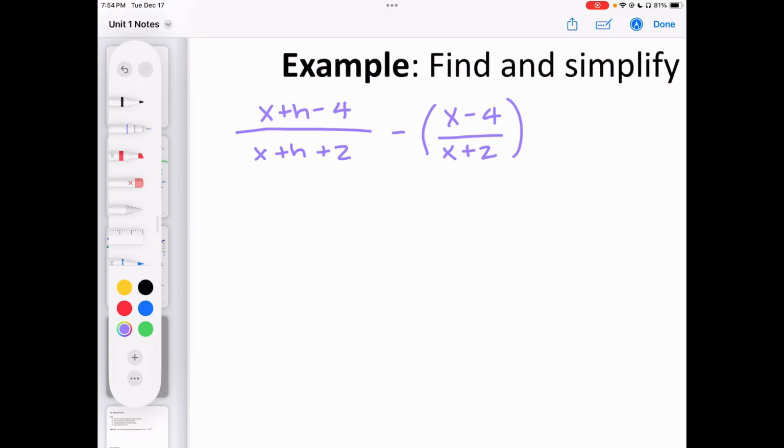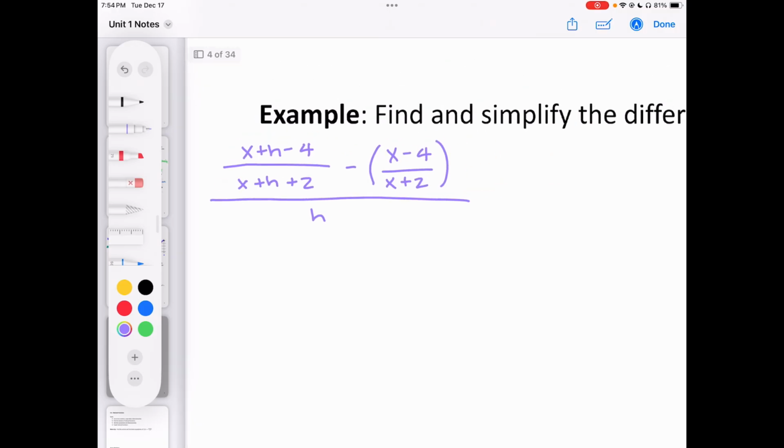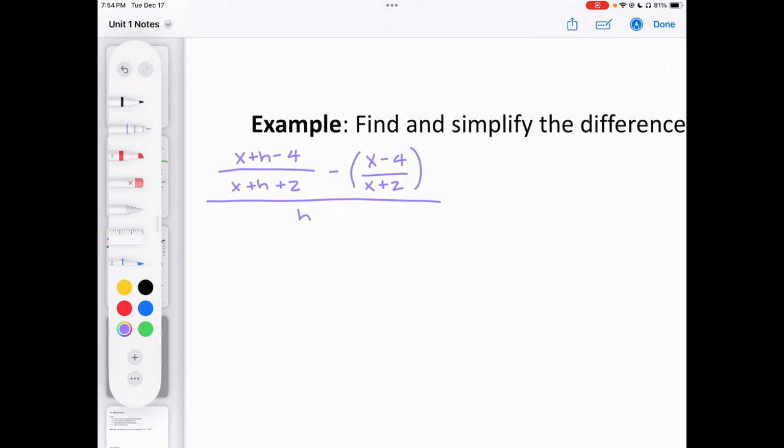All right. Again, similar to before, everything is divided by h, but until I've simplified the numerator, I'm not going to write it. I'll go ahead and write out what I need to multiply by.